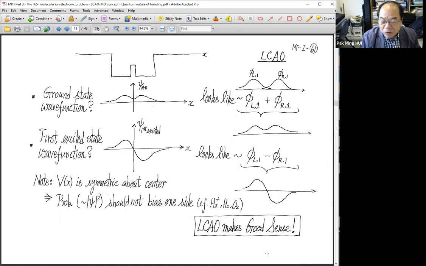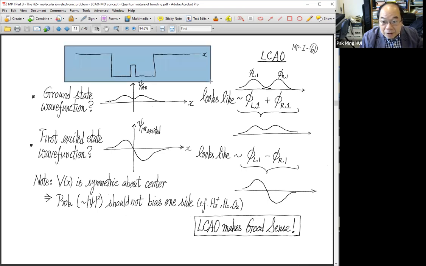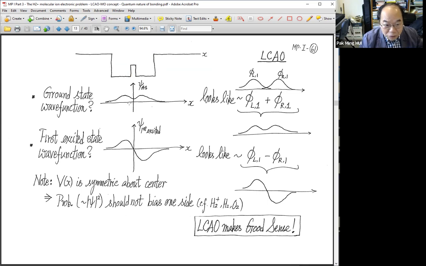Now carry on with our simple example. If you are given such a double well problem, symmetric at the middle on both sides, if you are asked to sketch the ground state wave function, I think you may sketch something like that, right?